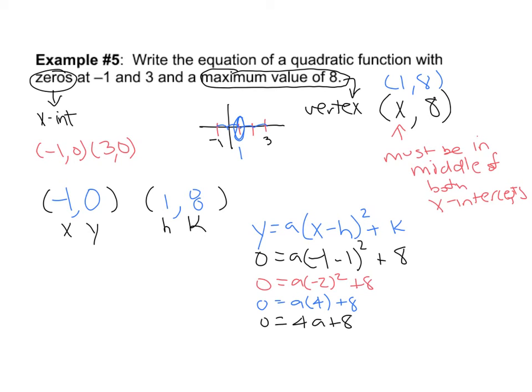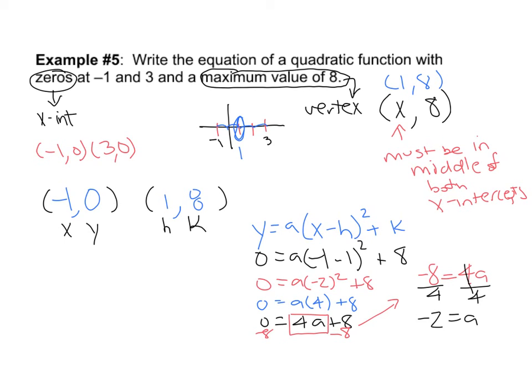According to how to solve for a variable, I'm going to subtract 8 from both sides. You get -8. 0 minus 8 is -8 equals 4a. Last step, you got it. Divide by 4. And -8 divided by 4 leaves me with -2 as my a value.